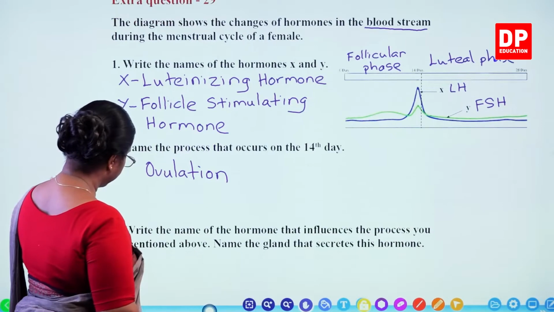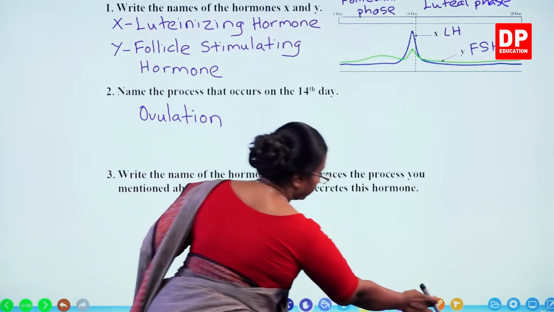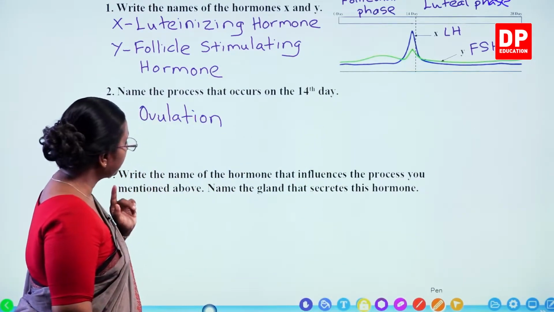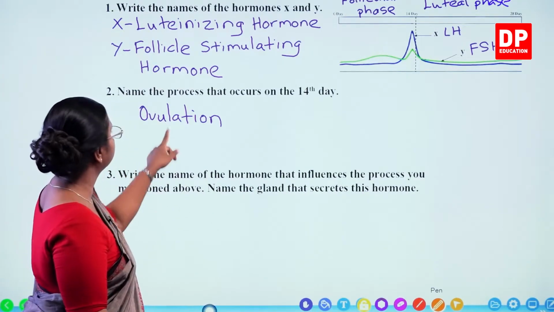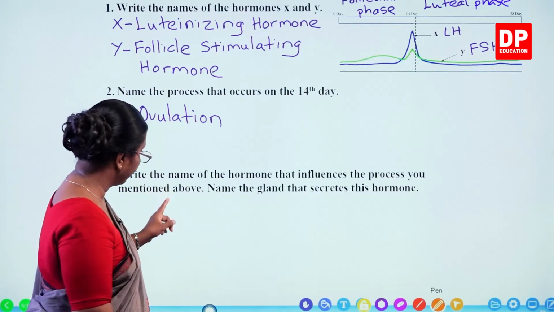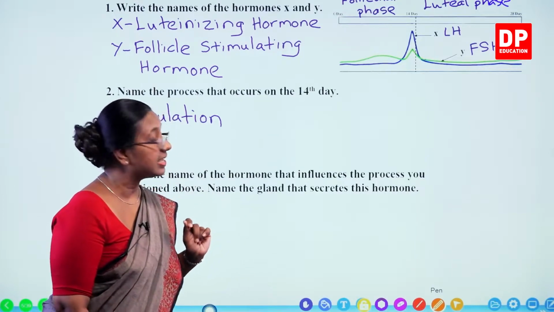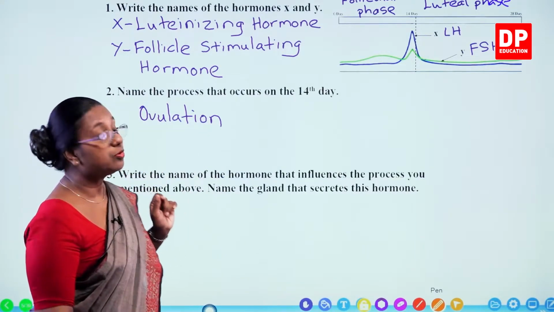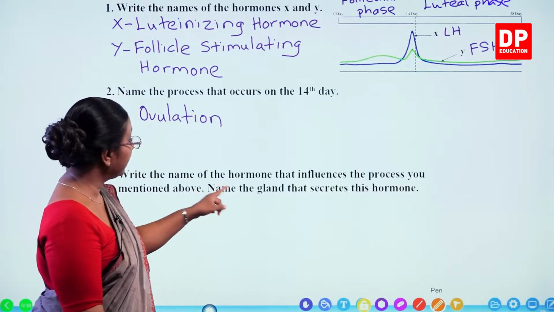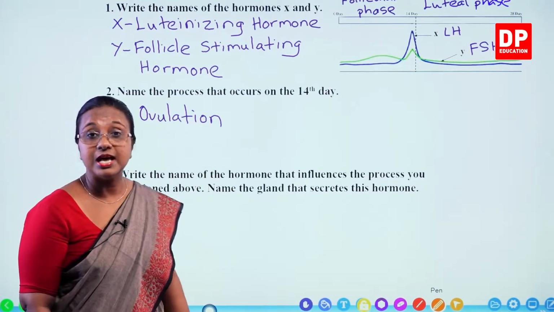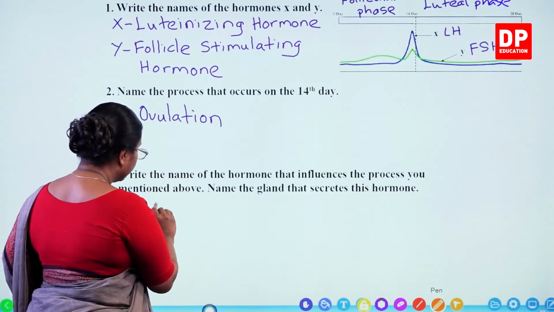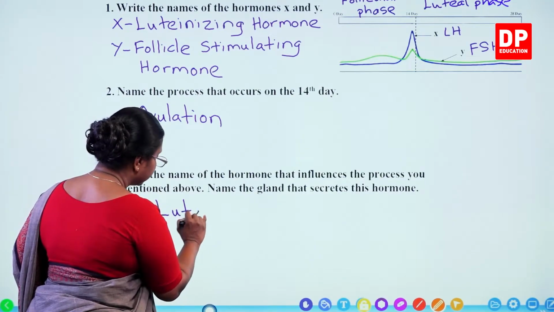Then the next question. Write the name of the hormone that influences the process you mentioned above. So the process is ovulation. Name the gland that secretes this hormone. What is the hormone that stimulates or influences the ovulation process? It is the luteinizing hormone.